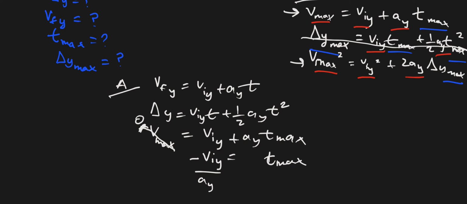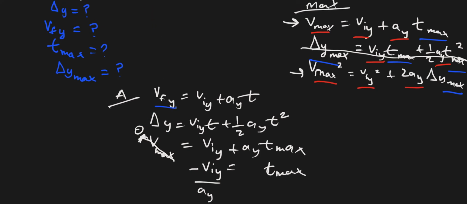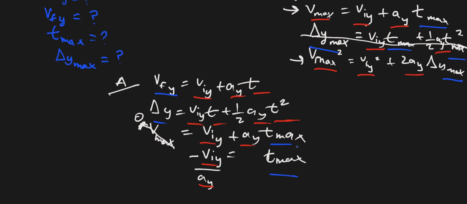Let me color code this just to make it more clear. So this and this, and we have all of these things here. And we need to find this, and we found it.